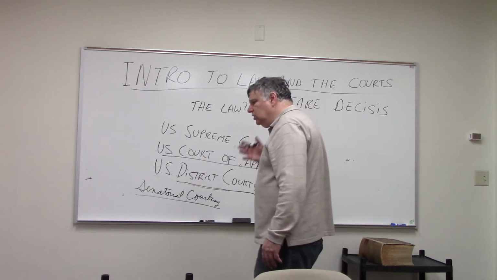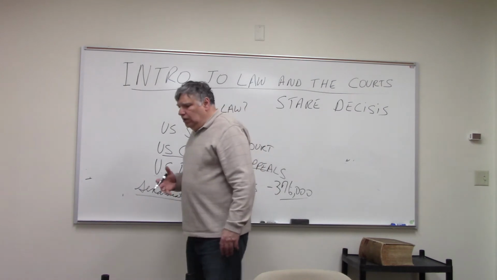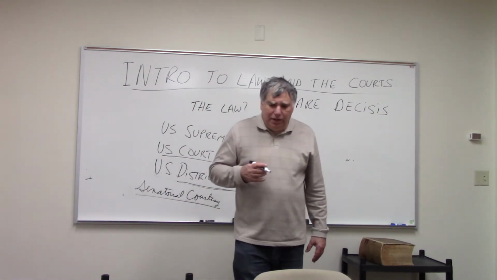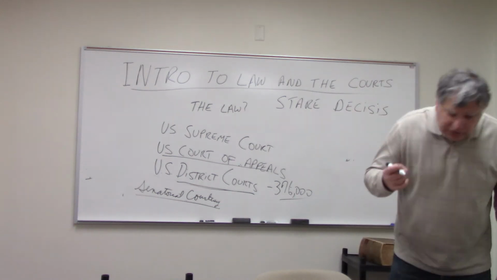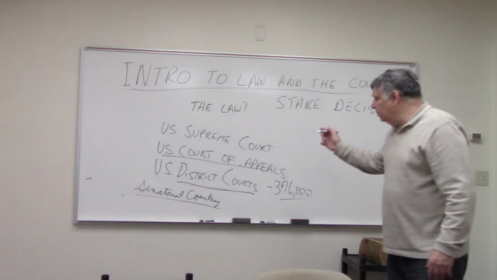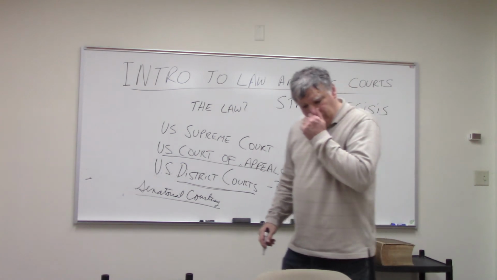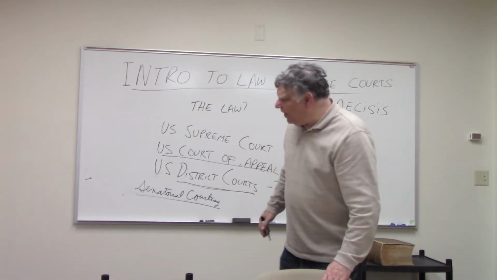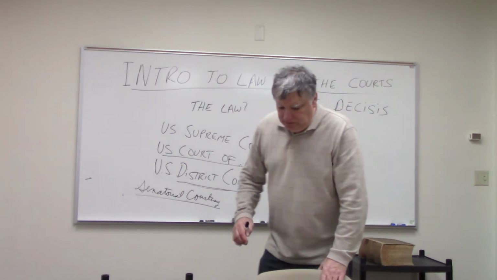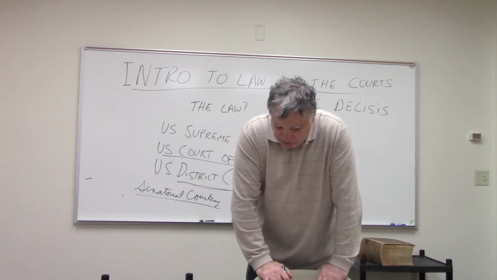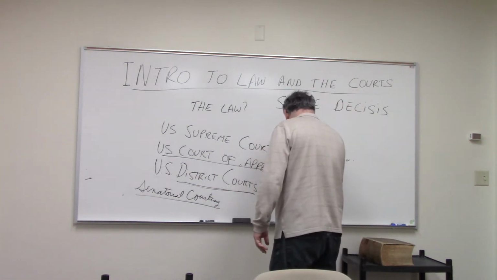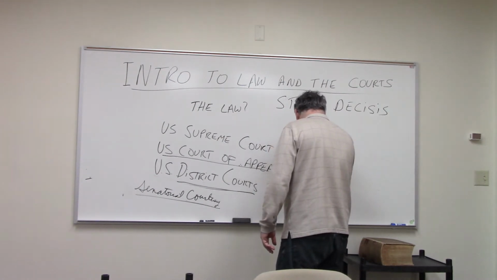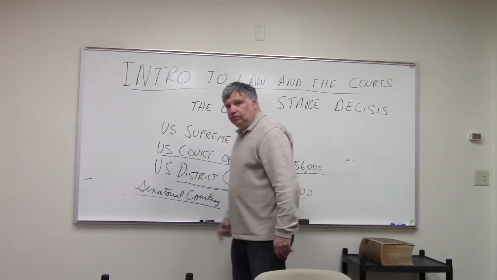So in other words, if you do have a legitimate appellate issue and it is prejudicial, the Court of Appeals must hear it. Now, interesting enough, out of these 376,000 cases, only 56,000 are ever appealed.